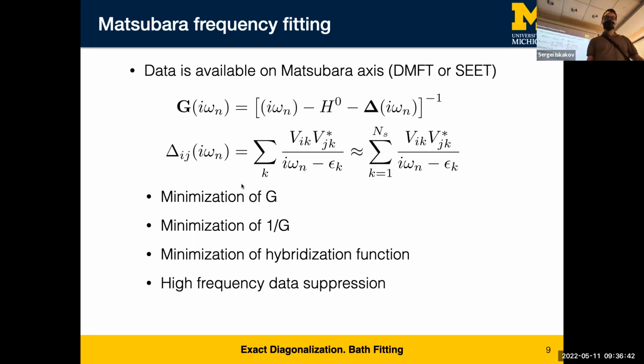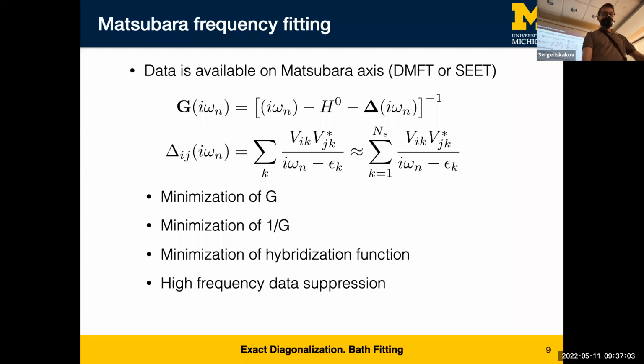Another option is minimization of the inverse G, where your target function is 1 over G exact minus 1 over G fit, and you do the least squares fit on that.